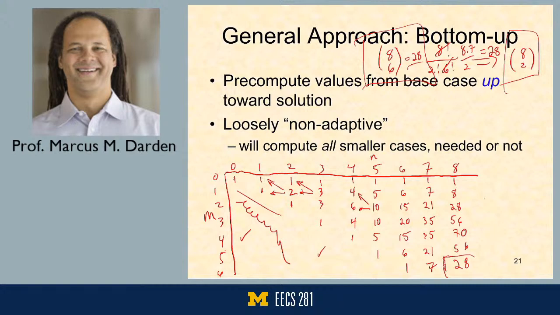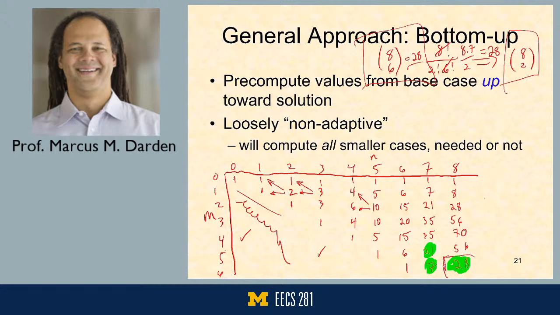And from a bottom-up standpoint, you see I filled out this table. However, if I wanted to go back and ask myself what was needed from a top-down approach, I'm looking for this value right here in the corner, 28. And I know that for 8 choose 6, I only needed these two things, because 8 choose 6 needs 7 choose 5 and 7 choose 6.